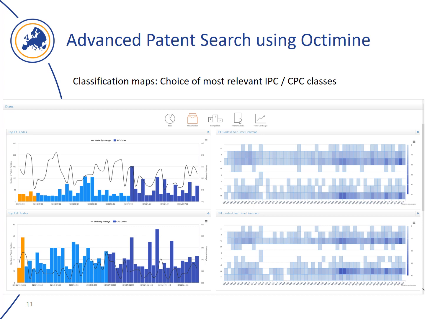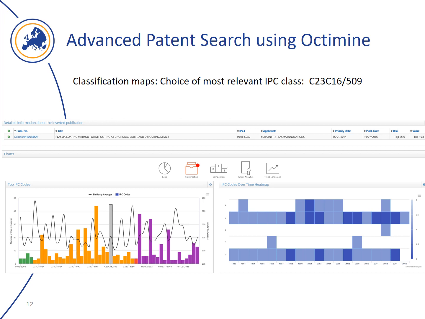And on the right you also have IPC codes or CPC codes below over time, where you see which IPC codes and CPC codes are relevant here over time, and that there is a certain change which is concurrent to the development of the technology.